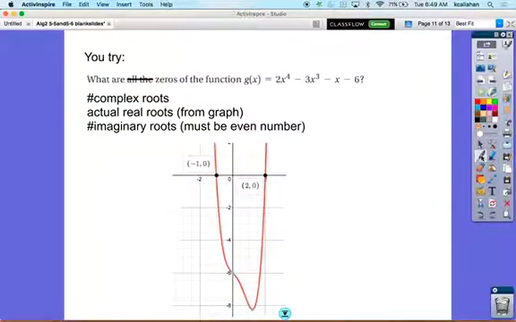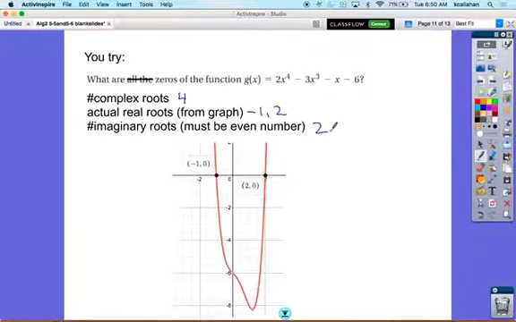How many complex zeros? Well, it's a quartic polynomial, so there's 4. What are the actual real zeros? Oh, looks like I lost that one, oh no, it's right there. -1 and 2. What's the number of imaginary? Well, if there's 2 real and there's a total of 4, there must be 2 complex.